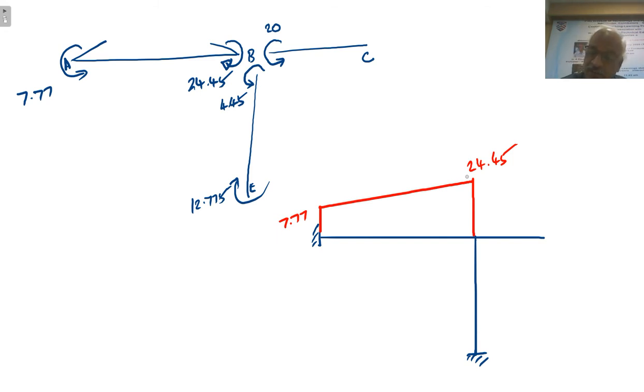Now here it is 20, this value is 20, because that also causes tension at the top.